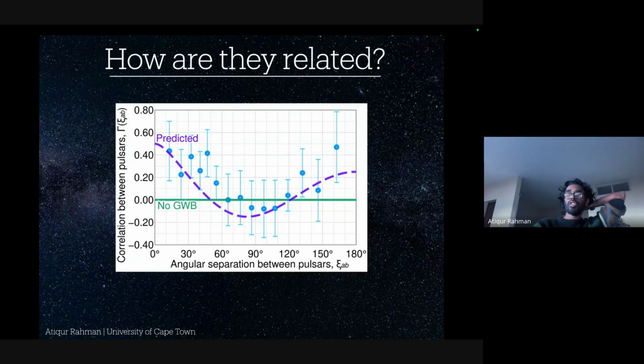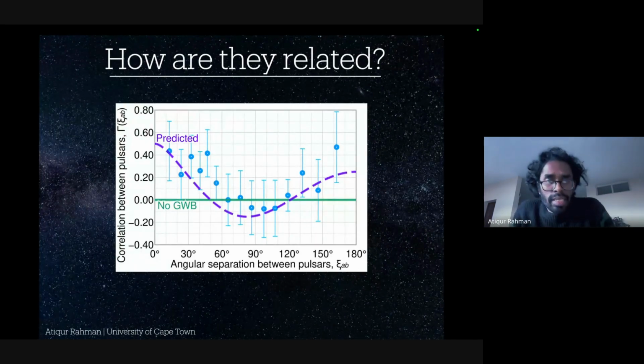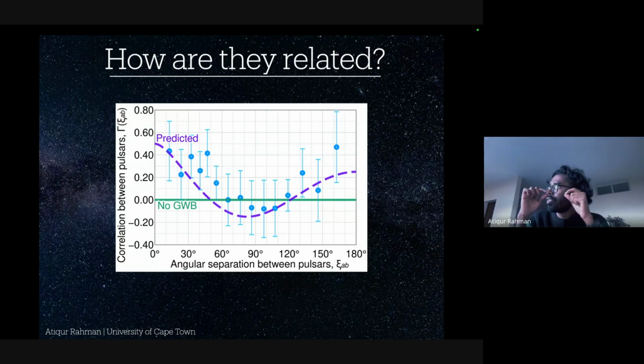There is this famous theory from the 1970s or 80s, which basically says that if you keep track of all these time differences for a long time, then you can show that there is a correlation between any two pulsar pair.